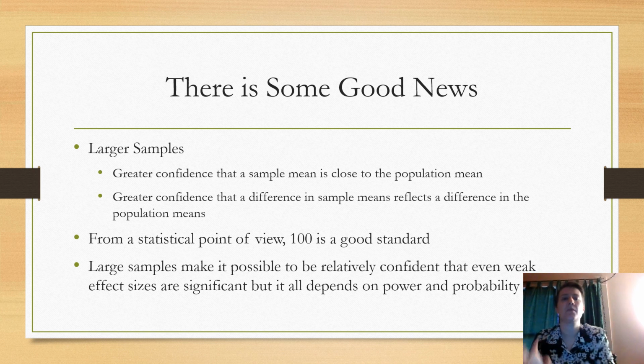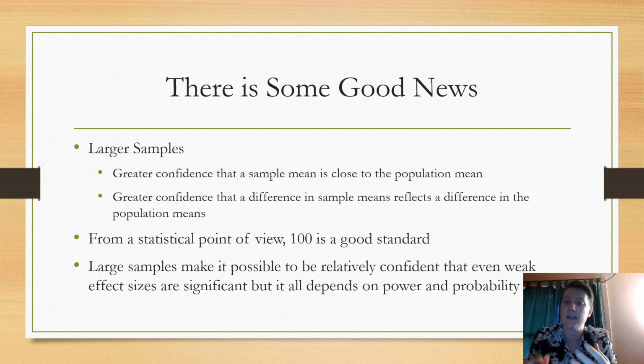So when we have larger samples, we have greater confidence. We're better able to say our sample mean is close to the population mean, or that it's showing us the difference in the population means as well.